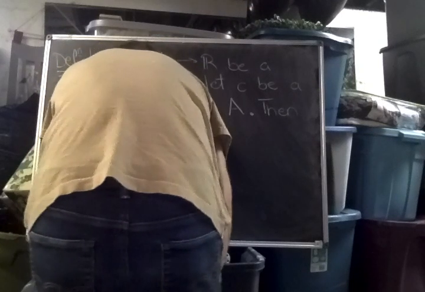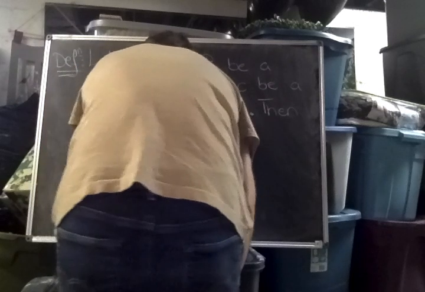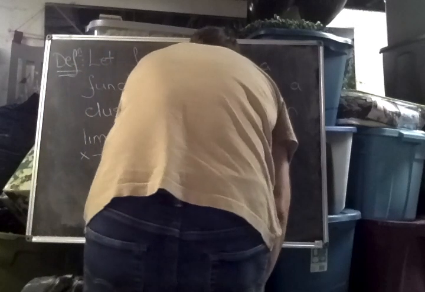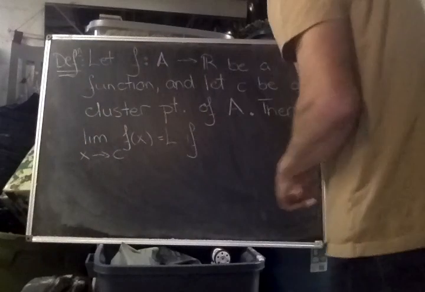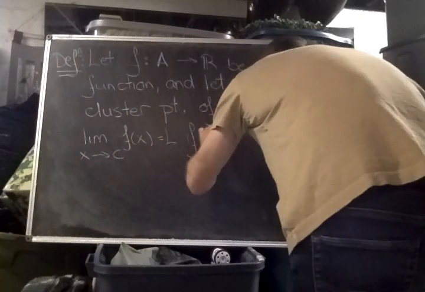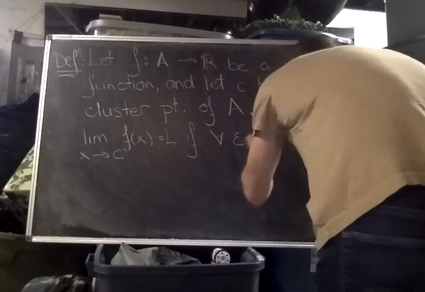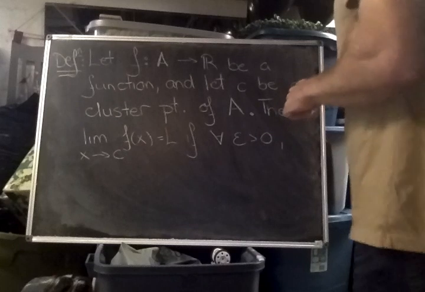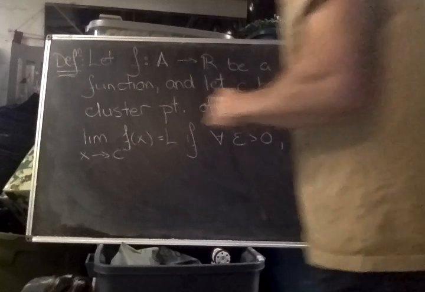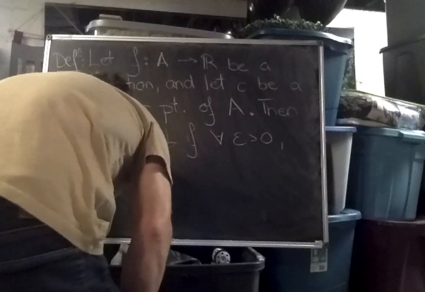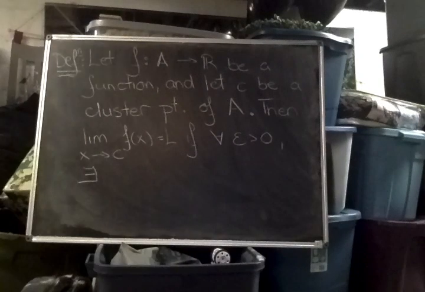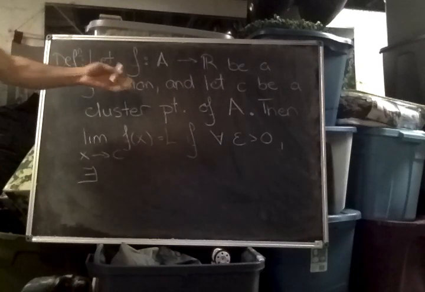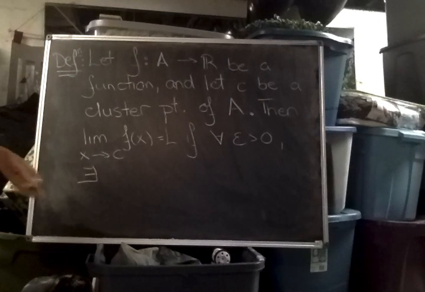as x approaches c of f of x is equal to L if, it's got a kind of familiar flavor, if for all epsilon greater than 0. But here the similarity kind of ends. There exists. When we were talking about limits of sequences, at this point we would say for all epsilon greater than 0, there exists a natural number, a really big natural number, such that if we go out far enough in the sequence, past this natural number, good things happen.